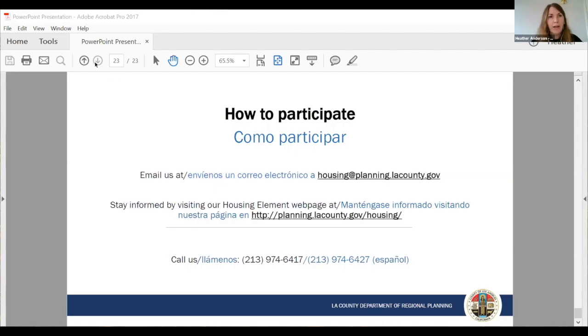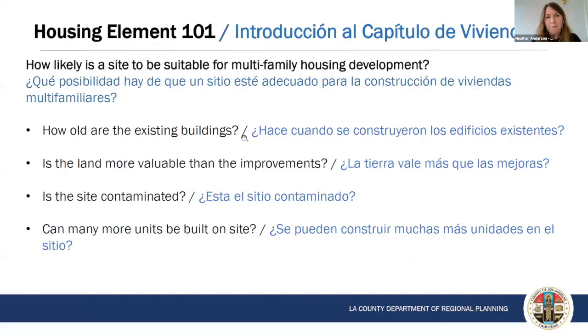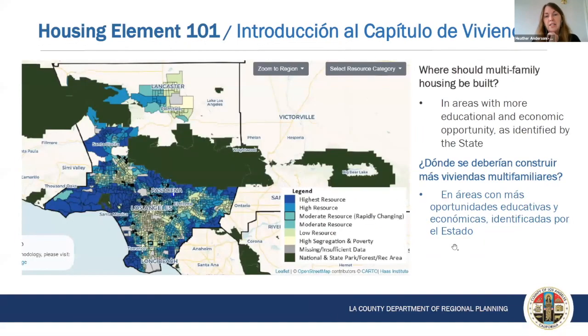Let's go back to that slide because it's kind of interesting to see, based on those metrics, the different categories that parcels fall into: highest resource, high resource, moderate resource but rapidly changing, moderate resource, low resource, or high segregation and poverty.